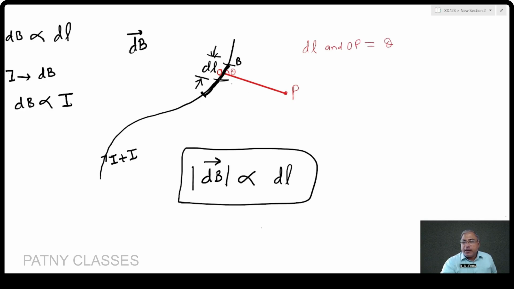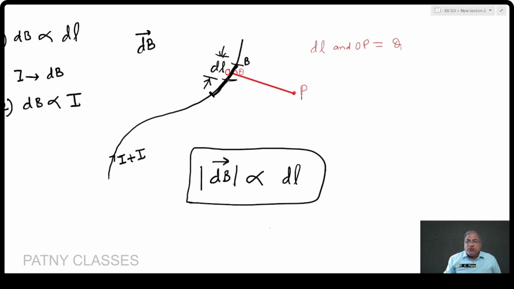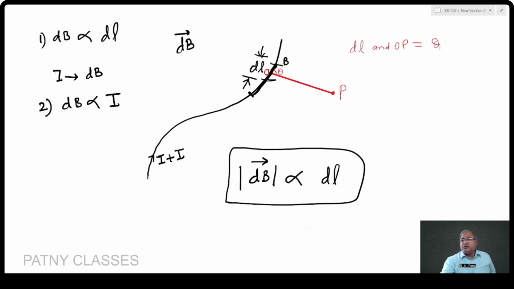If theta is changing, then the magnetic induction will also change. So the magnetic induction depends upon the value of theta. We take the sine theta here.